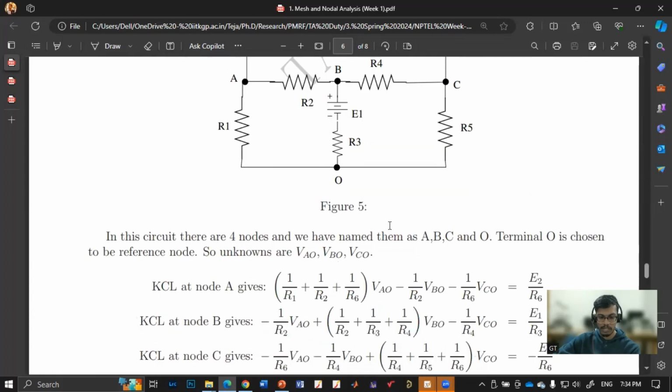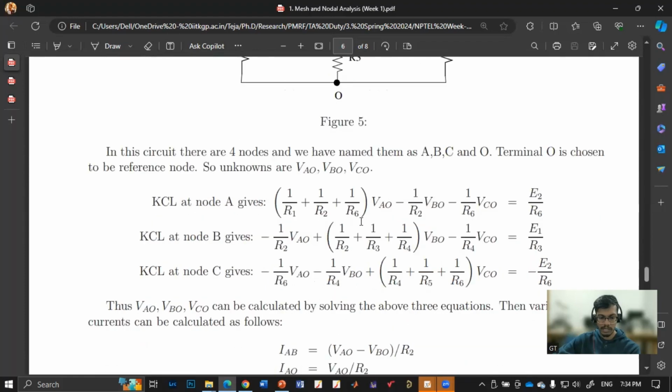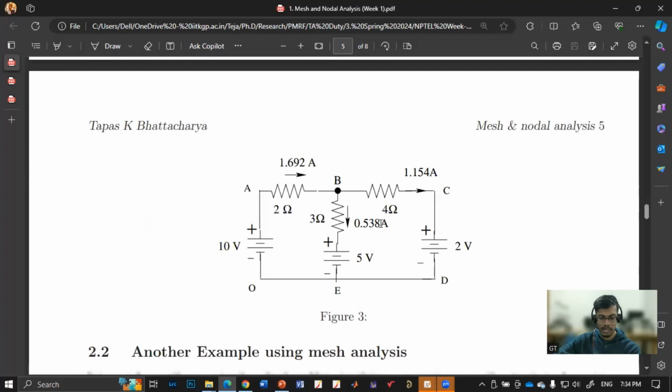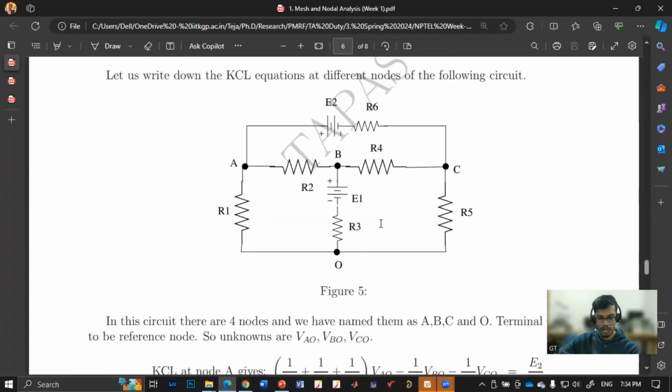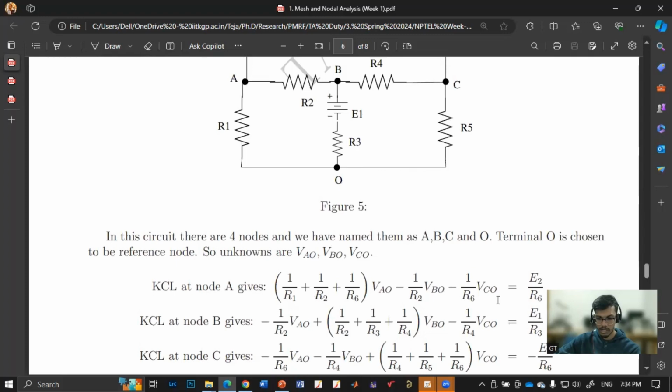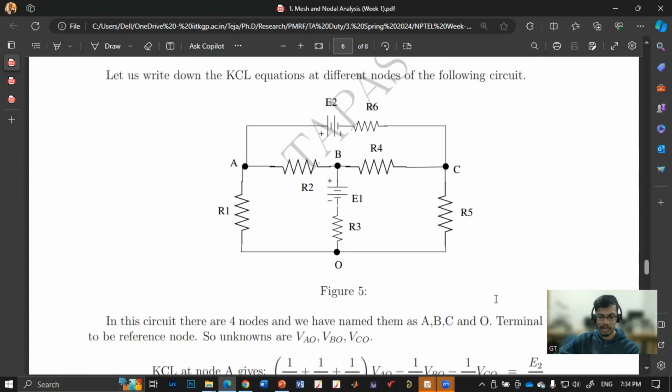But from my experience, it is somewhat complicated with respect to mesh analysis. And if you forget or remember this logic in a different way, then you will write the equation in a wrong way and end up getting wrong results. So that's why I have told only one direct method.